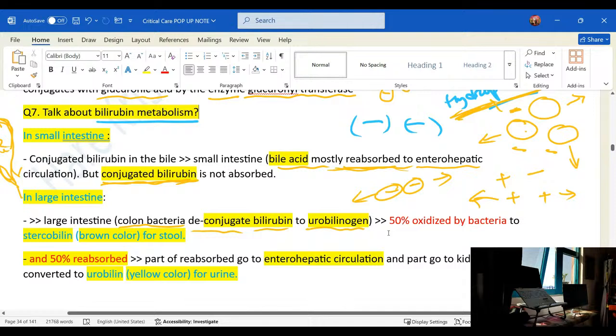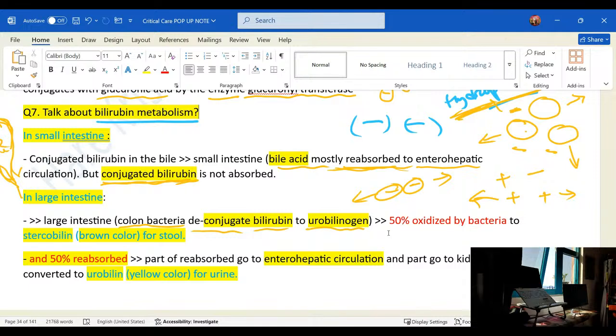The remaining 50% is taken up by the blood from the gut. It enters the mesenteric veins, superior and inferior mesenteric, then ultimately goes to the portal vein, entering the liver.